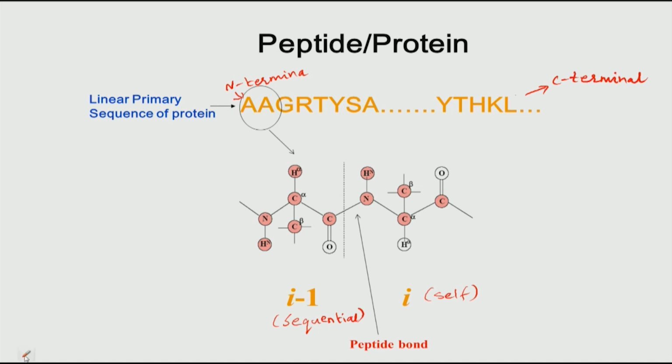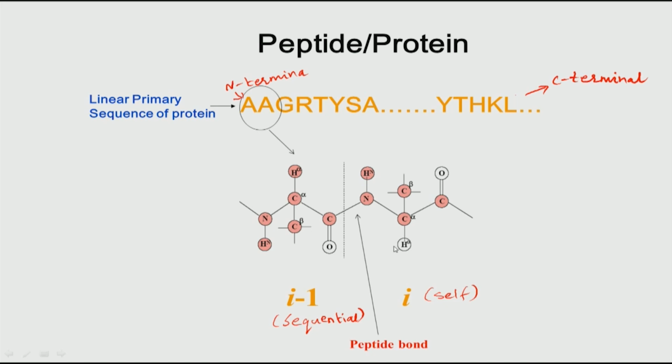So, we use the words self and sequential to denote these two different amino acids. This is a peptide bond, which is basically connecting the two amino acids.